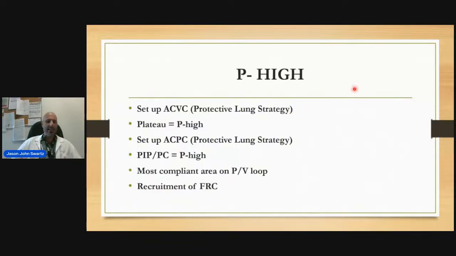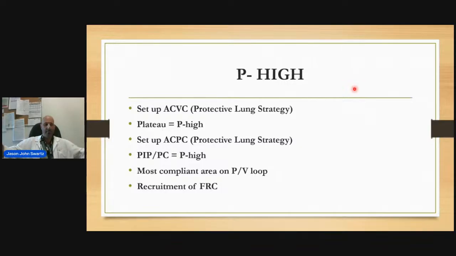So P high settings, the majority of the time we're dealing with between a P high of 20 and 30. If you were on ACVC and doing your protective lung ventilation, a good idea perhaps of where to start with your P high setting would be the plateau before you transition.